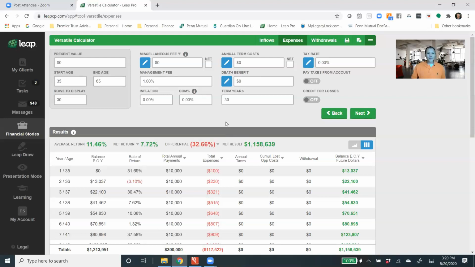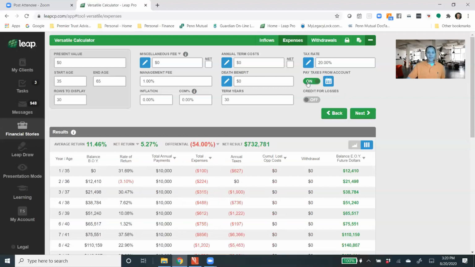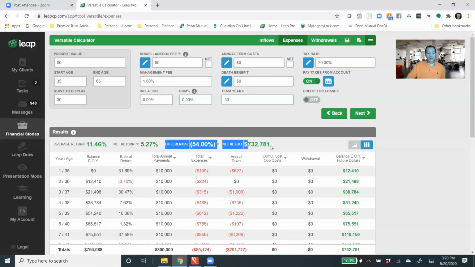So the next big ticket item on here is taxes. And unfortunately, sometimes it's difficult to get away from the tax man. To get access to your money, to be able to use it and liquidate, you may pay taxes. So let's just assume a 20% tax rate, and we're paying it from the account. So a 20% tax rate drops your account to $733,000.